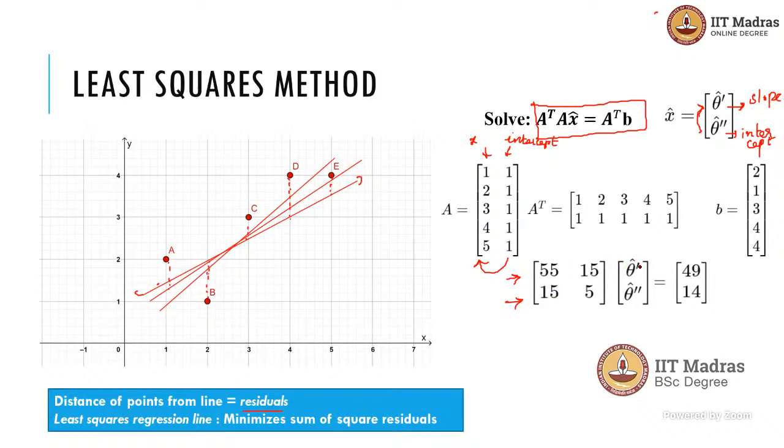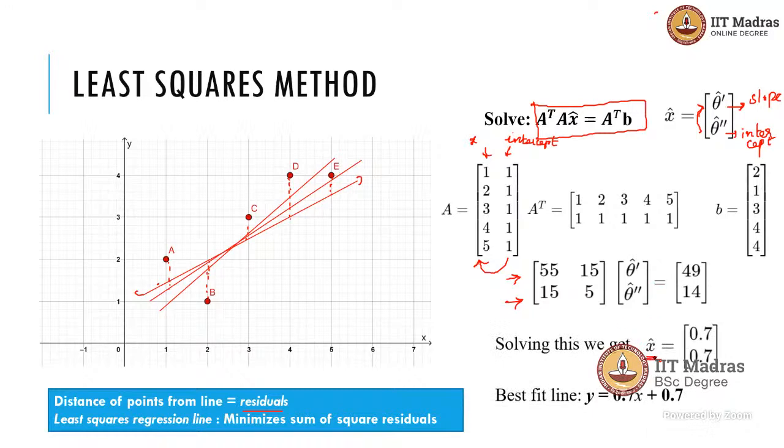And 15 theta prime hat plus 5 theta double prime hat equal to 14. If you solve these two equations, you can find the values for theta prime hat and theta double prime hat. That will give you the value for your X hat.